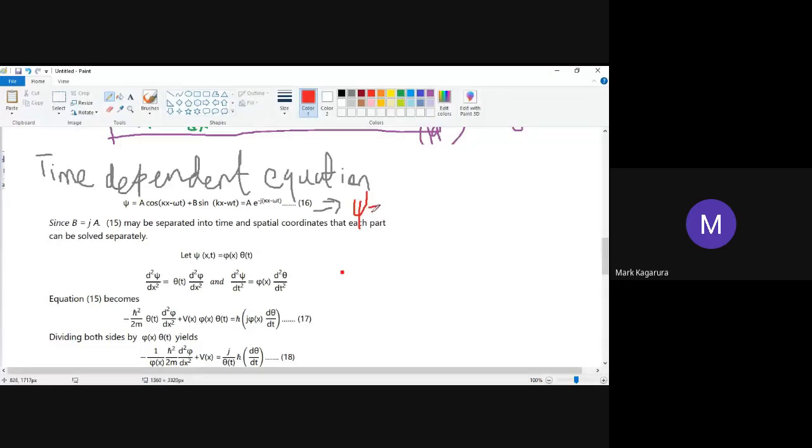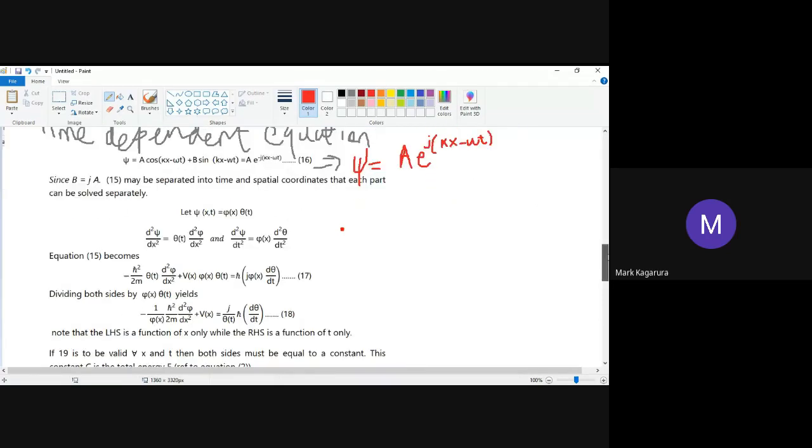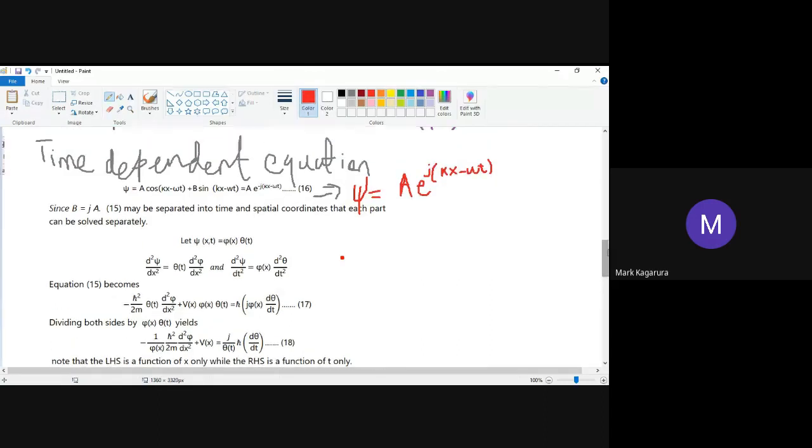Psi is equal to a exponent j kx minus omega t. So what do we have now? Yeah, so you still have the same thing.